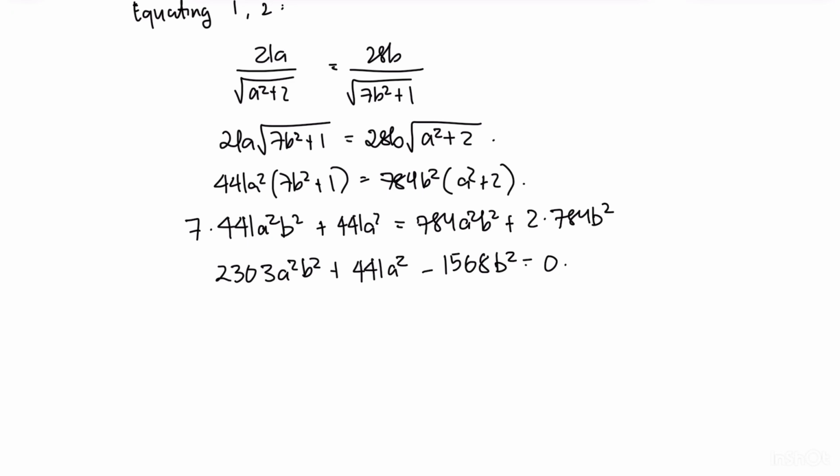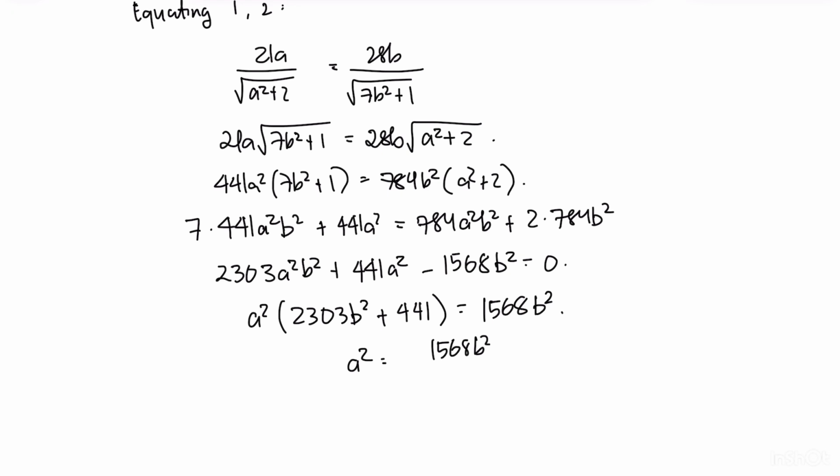Now I can take a factor of a squared out, so this becomes a squared times 2303 b squared plus 441. I'm going to put this term to the right hand side, which is equal to 1568 b squared. Now this becomes a squared equals this fraction.